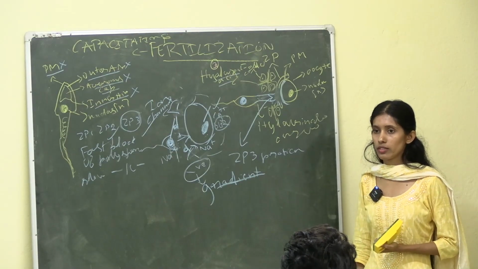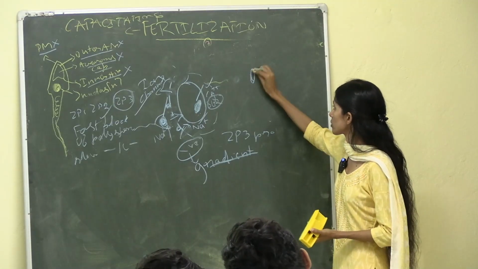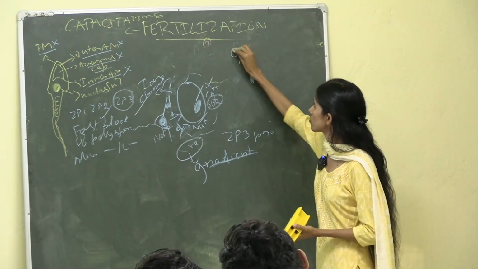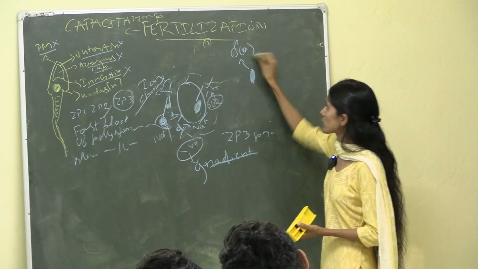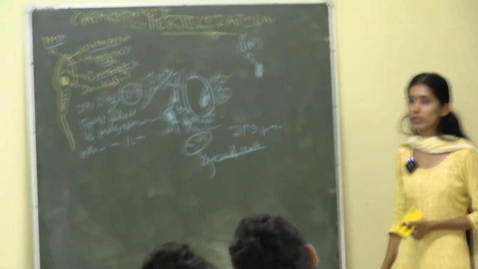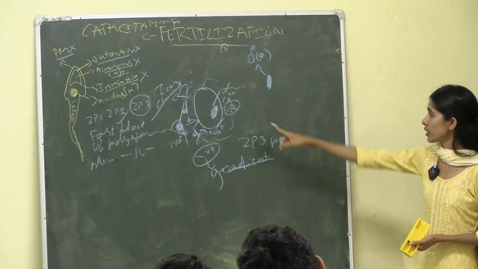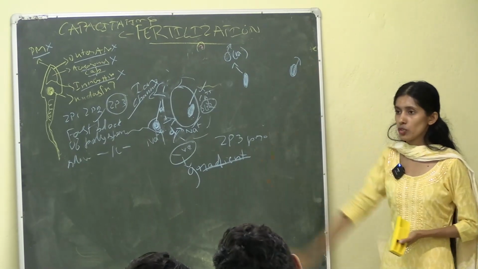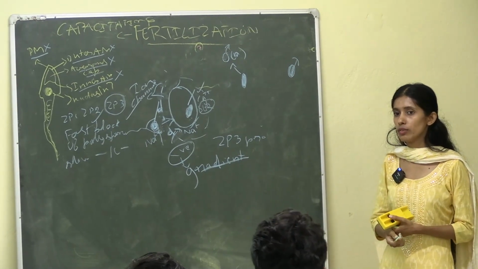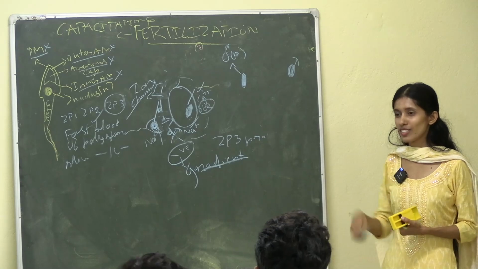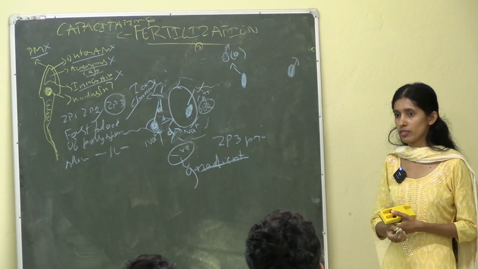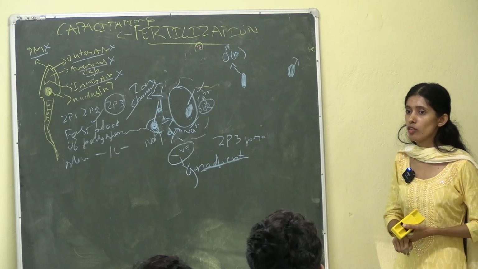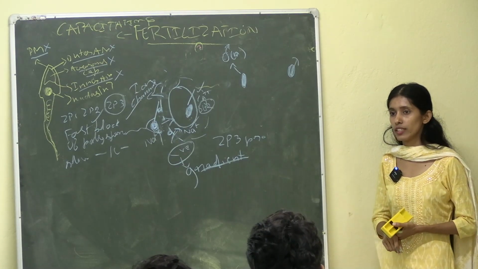Nuclei or nucleus? So now there is male pronuclei, okay, which is carrying n number of chromosomes, that means haploid number of chromosomes. Here we have the female pronuclei, but it is arrested in which phase? It is arrested in the prophase of meiotic second division.